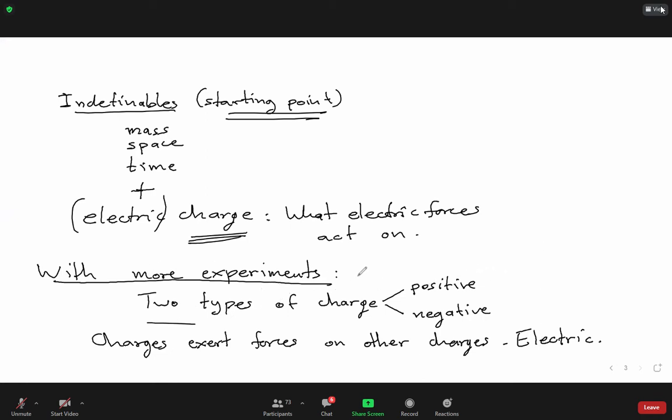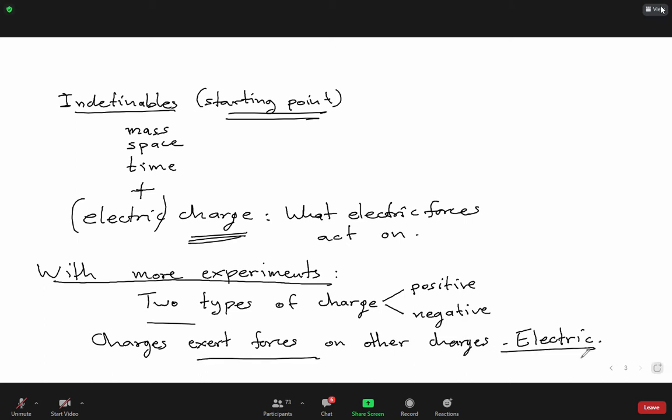By the way, when I say more experiments, I mean more experiments of the type that I tried to describe earlier, fancier, more sophisticated experiments, but basically the same thing, right? All right. Now, what does this force look like?